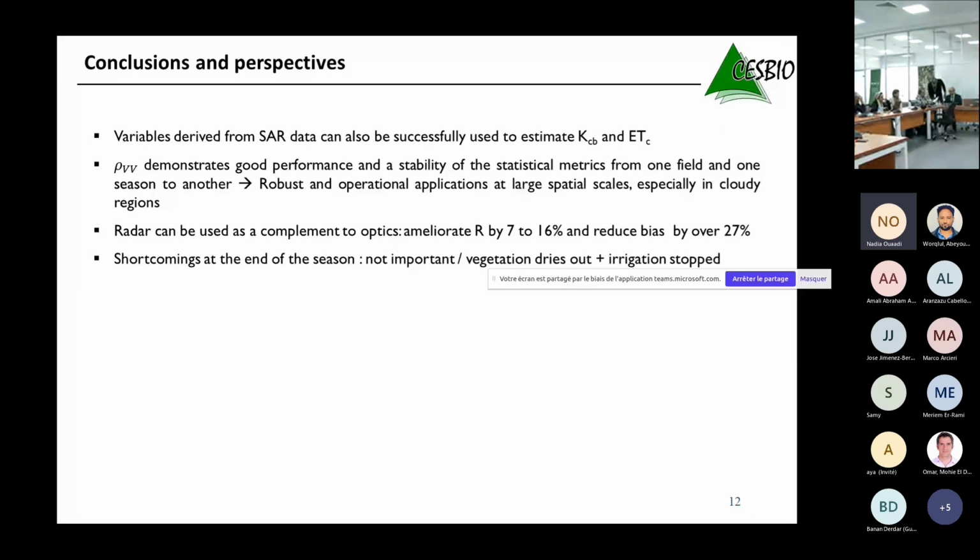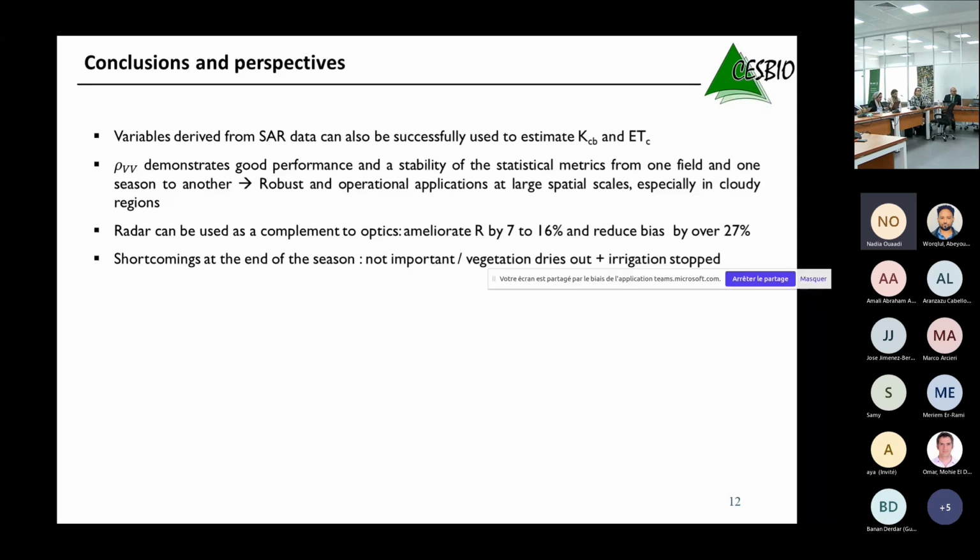In particular, the interferometric coherence demonstrates a good performance and particularly a stability in the statistical metrics from one field to another and from one season to another, which implies the possibility of robust and operational applications at large scales, especially in cloudy regions or simply in winter when the optical data are not available for long periods. We have shown also that it is possible to use radar as a complement to optical data.